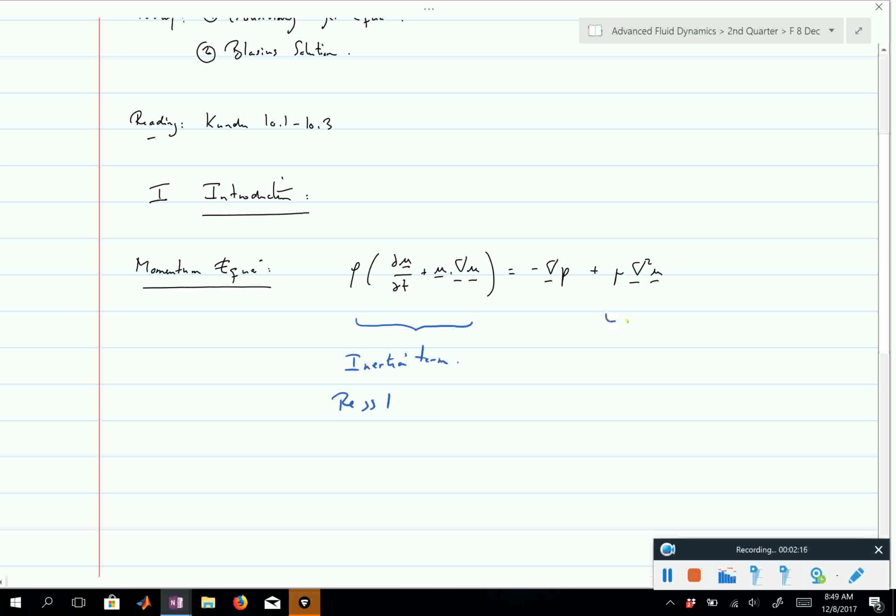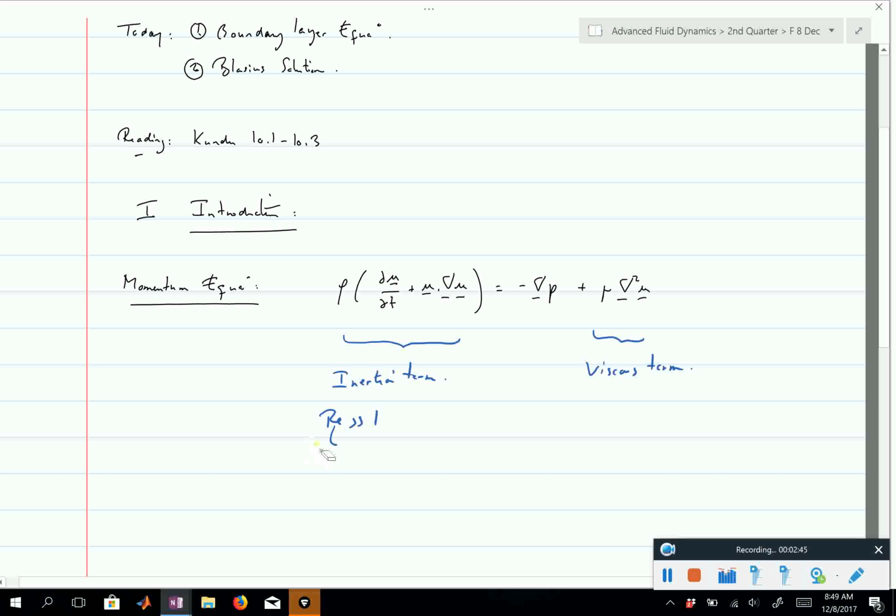The viscous term is this one here. This is the viscous term. And sometimes the viscous term can be neglected because the fluid is inviscid, so it has very low viscosity. Sometimes also because the flow is irrotational. So the flow geometry, in irrotational flow, for instance, is such that the Laplacian of u is equal to 0. So when the Reynolds number is large, we say that this is the most important term. Right? And so we crossed out the viscous term.